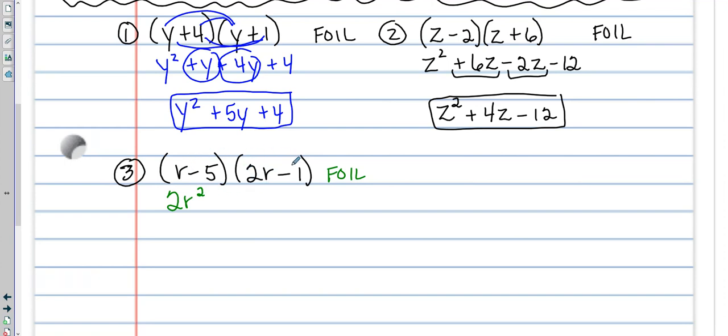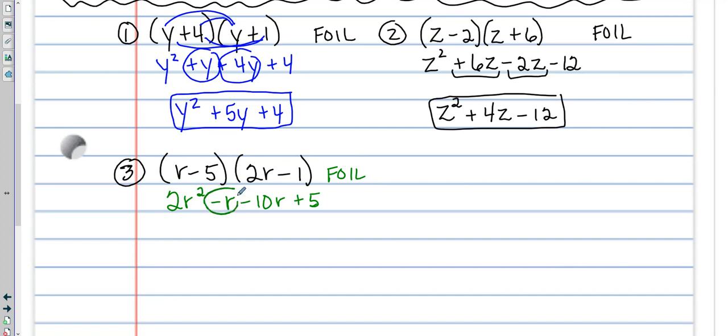Outside would be r times negative 1, which is negative r. Inside would be negative 5 times 2r, negative 10r. And last would be negative 5 times negative 1, which is positive 5.